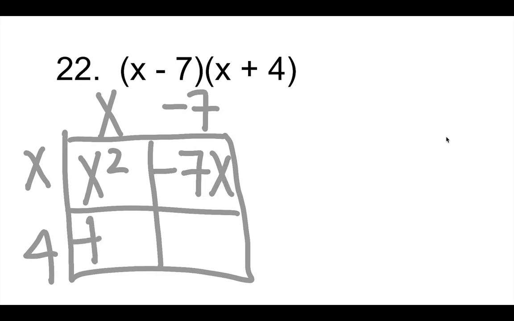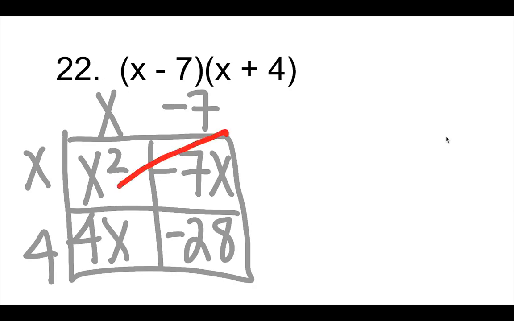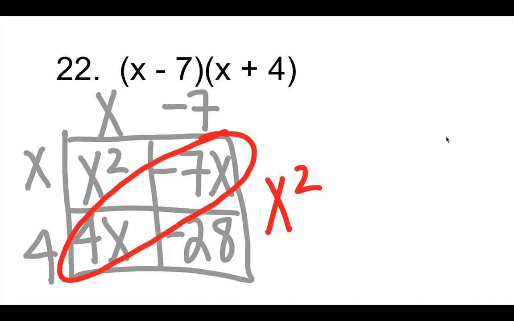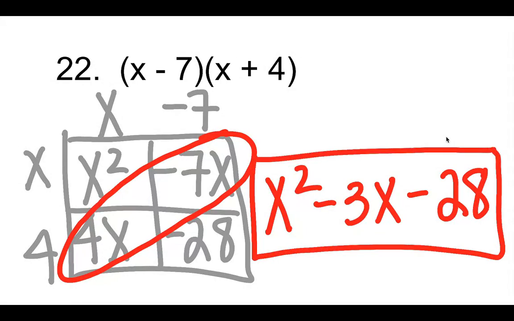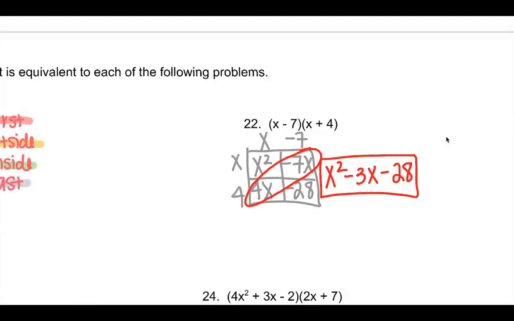X times 4 is 4x. 4 times negative 7 is going to be negative 28. Then I can combine my like terms, so these x's can go together, so I'm left with x squared, 4x minus 7x is negative 3x minus 28. So there's the answer for that one. Again, you could have FOILed if you would like.